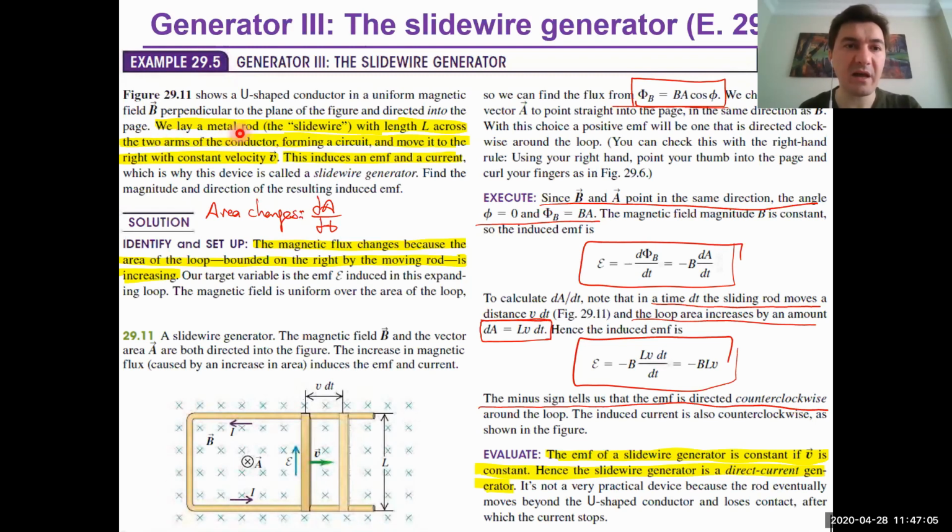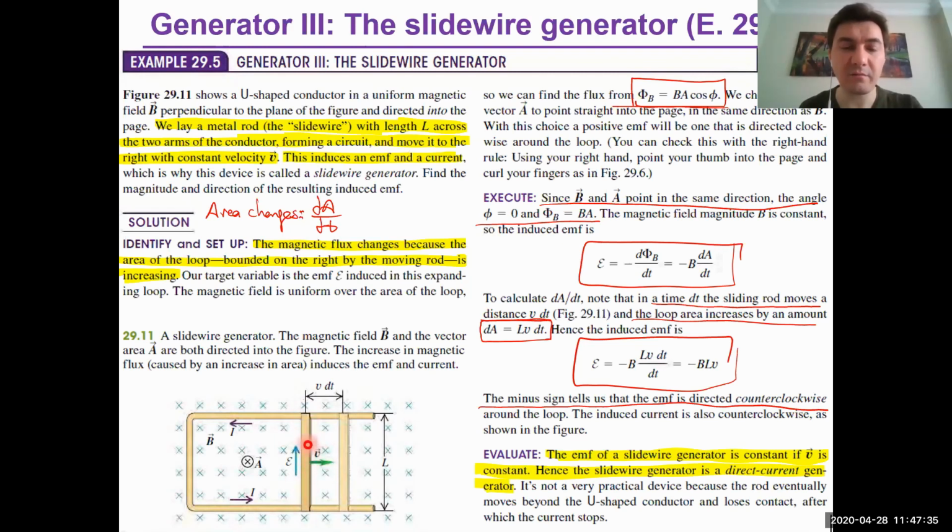We lay a metal rod, this metal rod here, named the slidewire, with length L across two arms of the conductor. One arm is this one, the other is this one. Then we put the slidewire here, and then we have a complete circuit by using that wire.